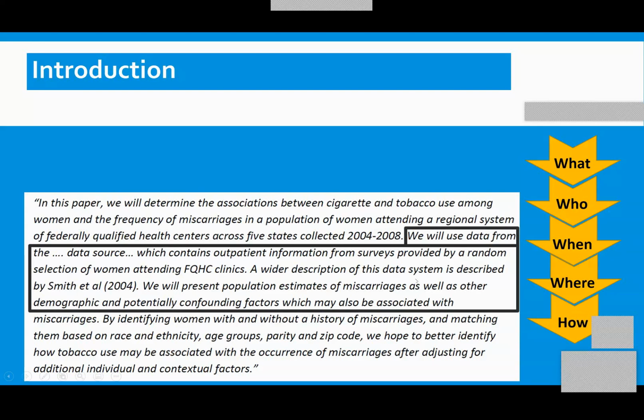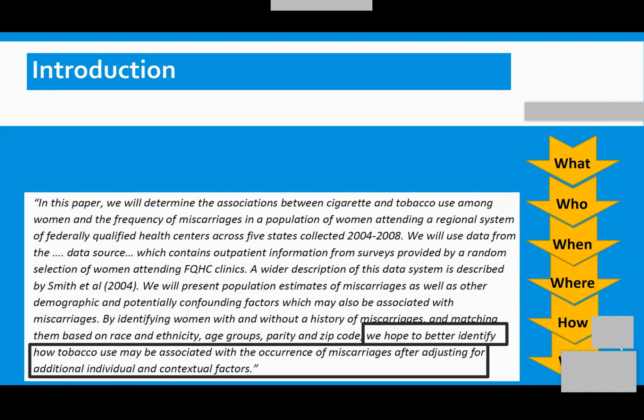And finally, why, it gives you the objective, and you can see the objective is the last part of the introduction. So when I read it, I go by slow but active reading, following this sequence of words.